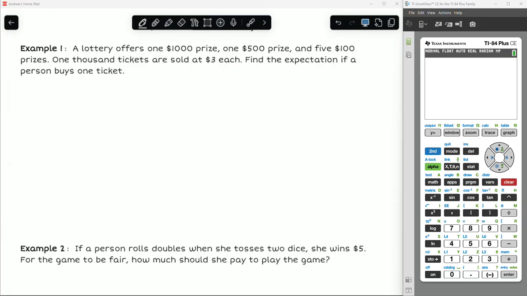In order to do that, I have to build a probability distribution. So I'm going to look at the profit for the player, and then I need the probability for that profit.